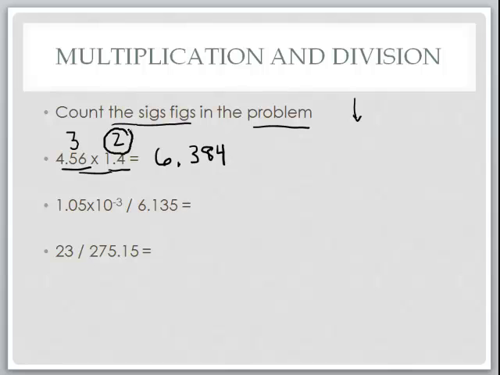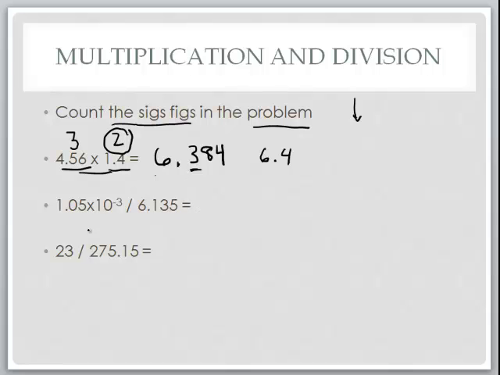Since 2 is the smaller number, our answer has to have 2 significant figures. So counting left to right, 1, 2, you're going to round to that digit. So our answer here is going to be 6.4. We're not going to go into the reasons why you have a specific number of significant digits in a math problem. We're simply going to go over the rules in this podcast.